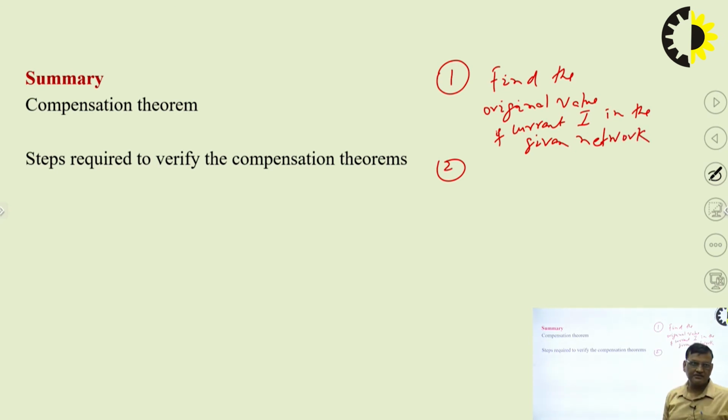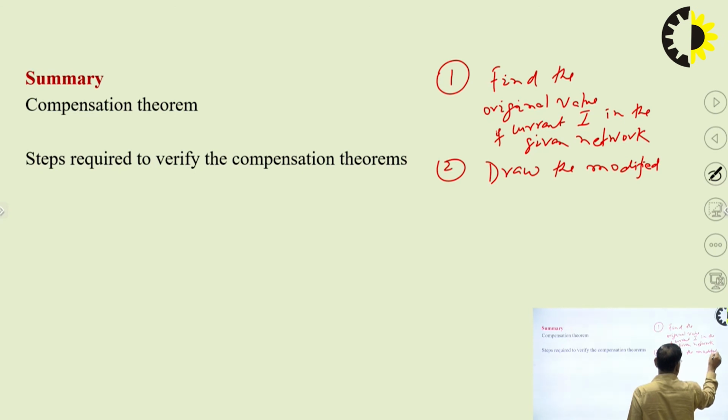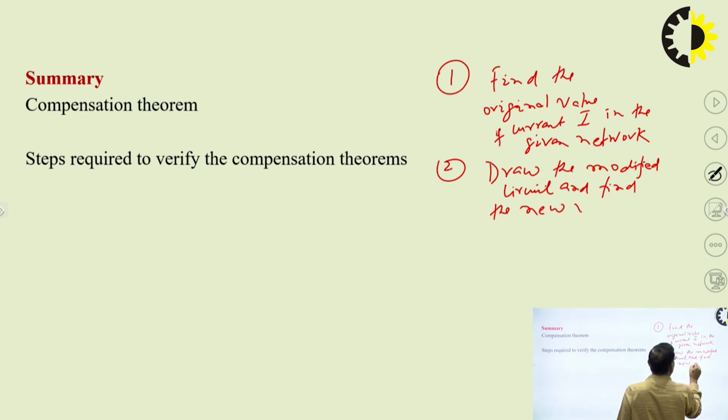The second step is to draw the modified circuit and find the new value of current in the modified branch.